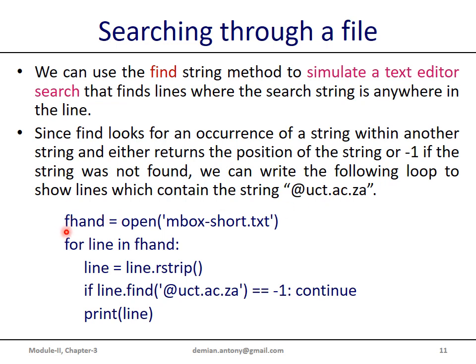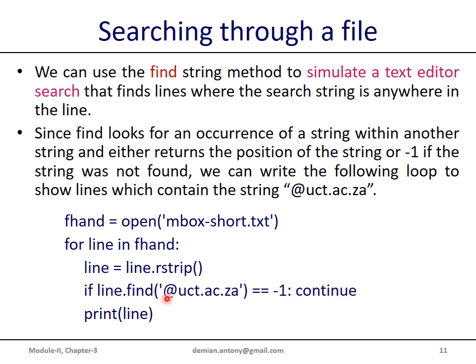Open a file like before, read the file line by line, and strip the white spaces on the right side. Then you use this function. Instead of startswith, you write: if line.find(...) == -1: continue.